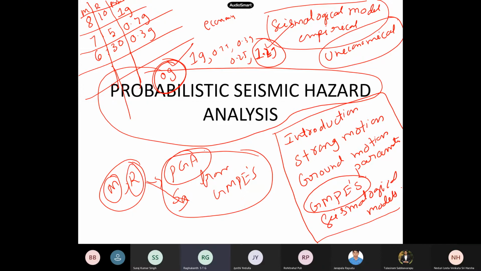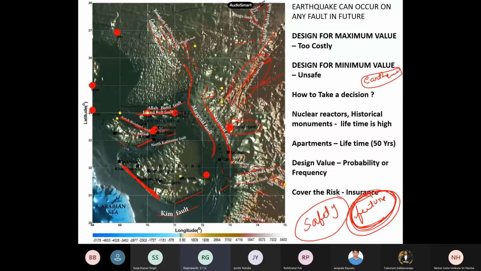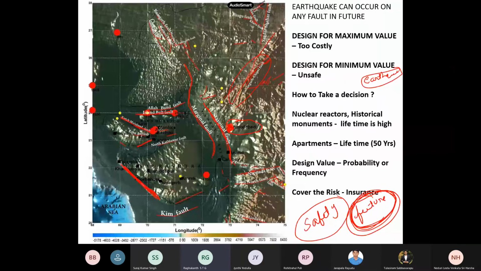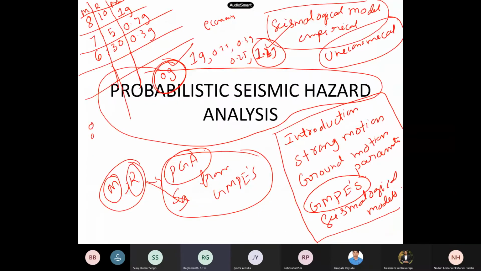Now if you arrange all of them in ascending order, 0.1G, 0.2G, 0.3G, up to the maximum of 1.2 times gravity: the lowest value means you are unsafe, but it is economical. The highest value means things are uneconomical, but safety is guaranteed. So this end is also not good, and this end is also not good.